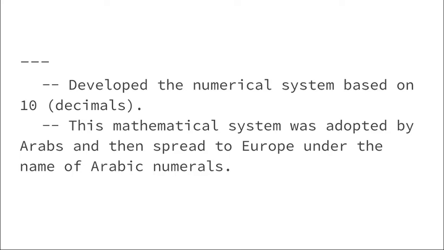And those Arabs will use that numeric system. It will become known as the Arabic numerals, and eventually will make its way into Europe, which is how we here in the West get the numbers that we use nowadays, right? So from the Indians to the Arabs, from the Arabs to the Europeans, to us Westerners.